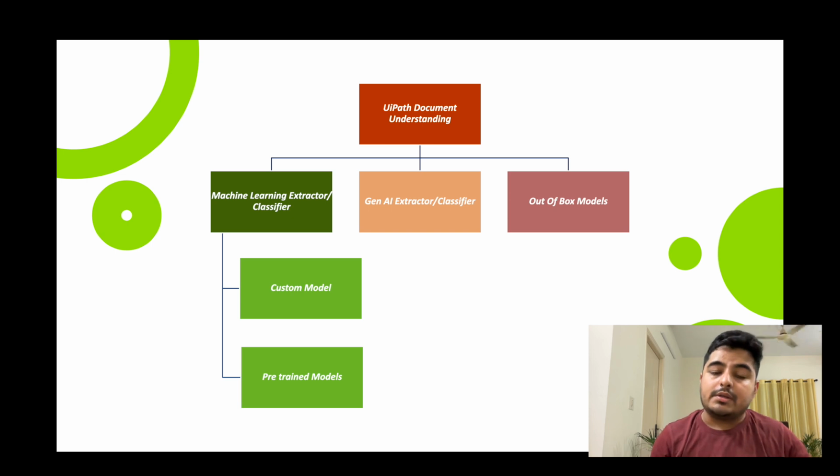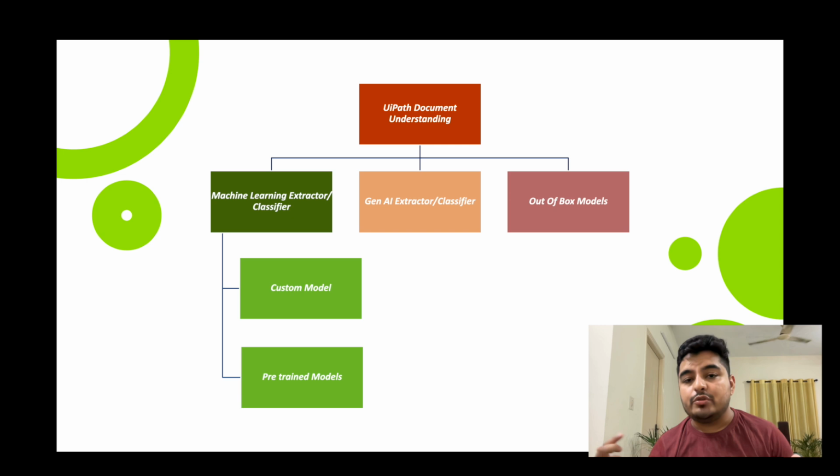For sure, there are some steps that need to be followed to call these models, or some configuration that needs to be done in the AI Center first, and only then will your model be ready. But these steps are very easy, and you can do them in a couple of hours, and after that your model will be ready. You can do all your training and everything in the AI Center, and then you just have to call the model in your Studio and start using it.